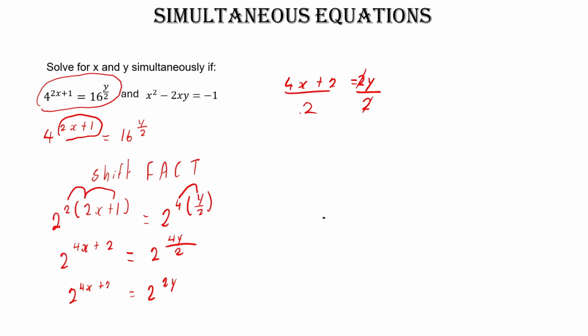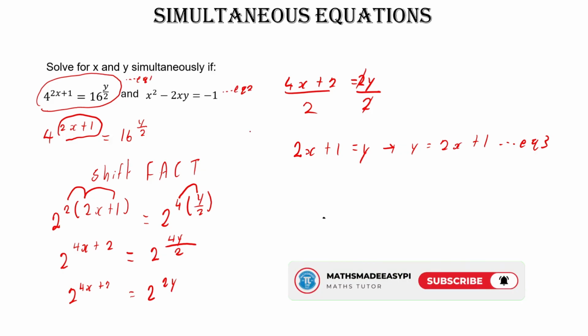These 2 will cancel. 4 divided by 2 is just going to be 2x, and then 2 divided by 2 is 1, is equal to y. Let me rewrite that: y is equal to 2x plus 1. That's my equation 3. Over here I could call this my equation 1, and over here my equation 2.